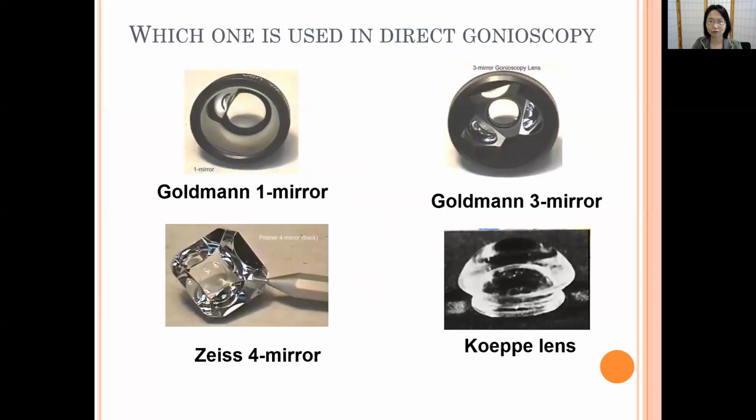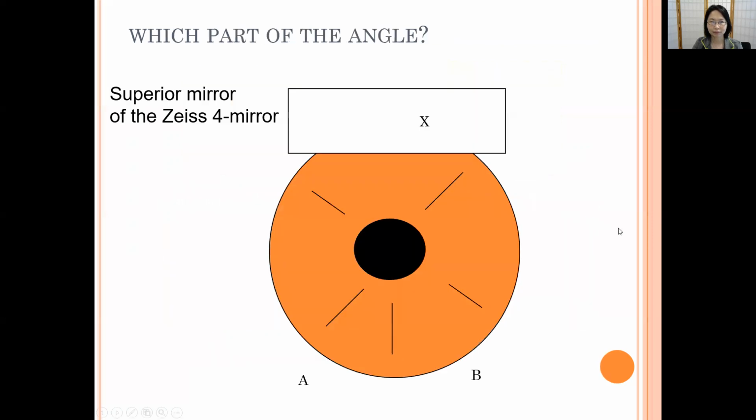The answer is the Koeppe lens, which is down here. In fact, we put BSS between the lens and the patient's eye to create a perfect suction with no air interface. This is how we can observe the angle during examination under general anesthesia.